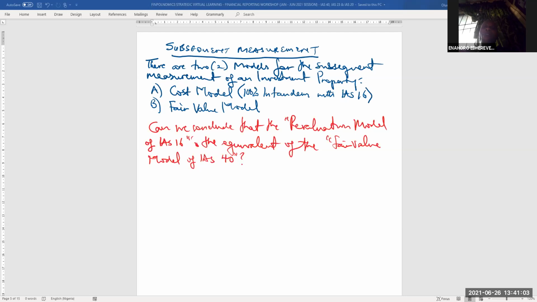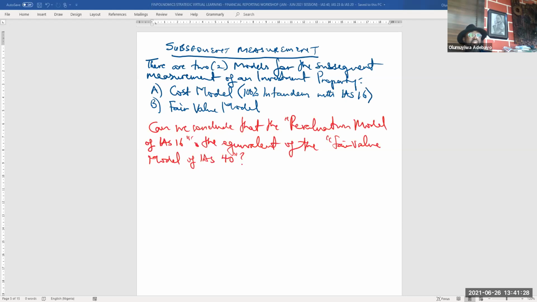Then the revaluation model also accommodates any increase in the value of the assets, and any gain on it, you take to your OCI. But basically they are the same. That's why I see it.